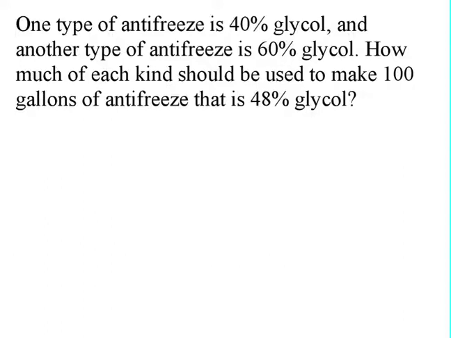How much is the first amount? 40%. So I've got my 40%, and I'm going to add that to what percent? 60%, and my net result I want is 48%.